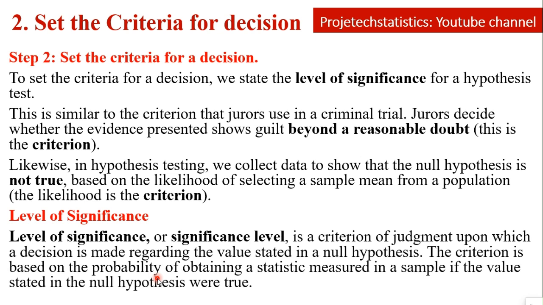Now, the level of significance is a criterion of judgment upon which a decision is made regarding the value stated in a null hypothesis. The criterion is based on the probability of obtaining a statistic measured in a sample if the value stated in the null hypothesis were true.